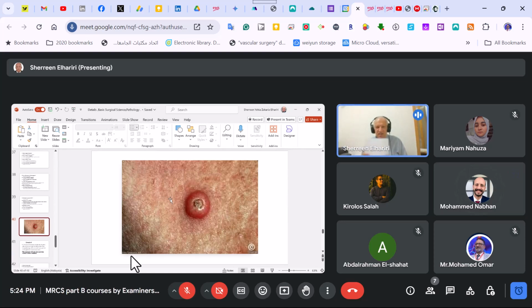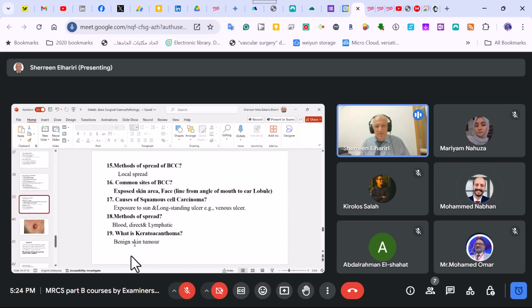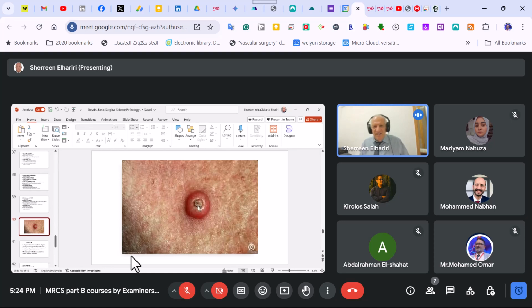No, it is not basal cell carcinoma. It is benign lesion. What it could be? This is something called keratoacanthoma. Keratoacanthoma is a benign skin tumor. You can find keratin in the center and the edge is not everted. It is like two circles around each other.